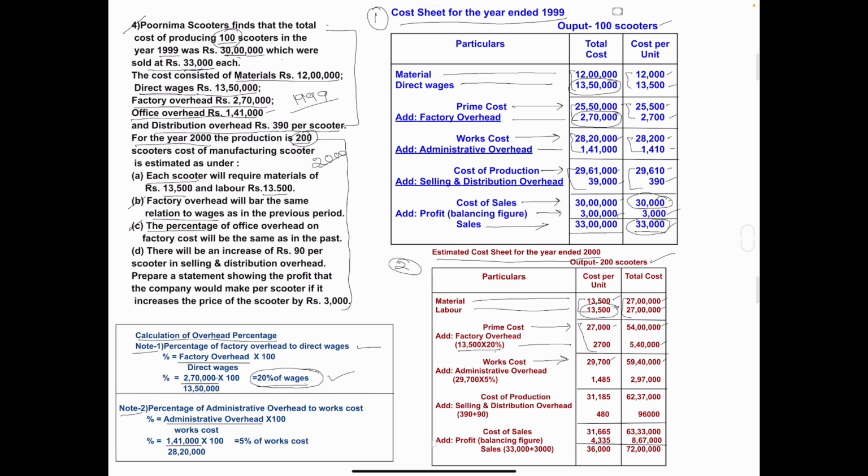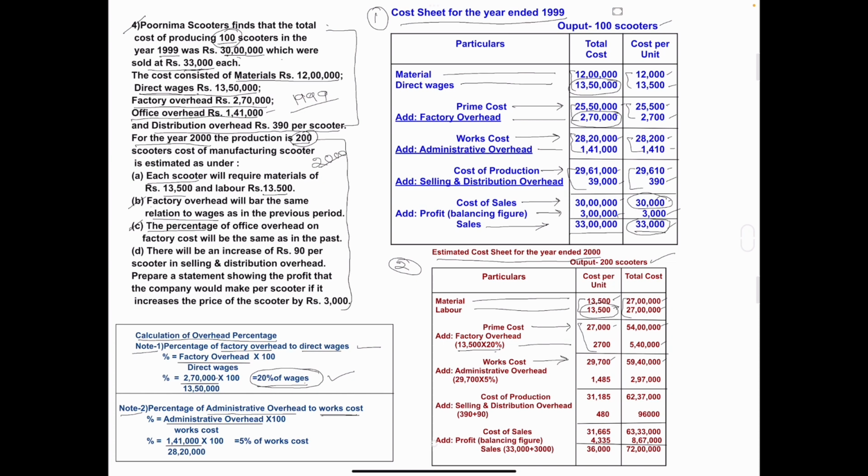Percentage of administrative overhead to works cost. Factory overhead is related to direct wages, and administrative overhead is related to works cost. And if they have not mentioned selling and distribution overhead, that is also related to works cost. So note number 2, percentage of administrative overhead to works cost.